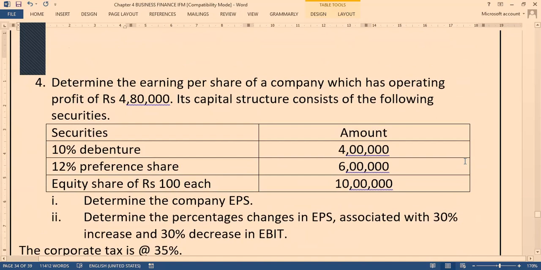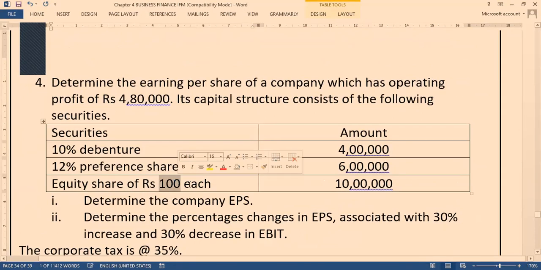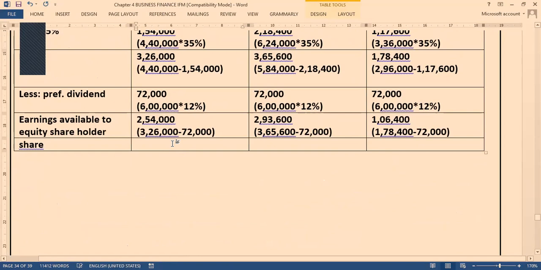You have to think how many shares there are. That means your 10 lakh divided by 100, so you'll be getting approximately 10,000 shares. This 10,000 remains the same for all the three cases.